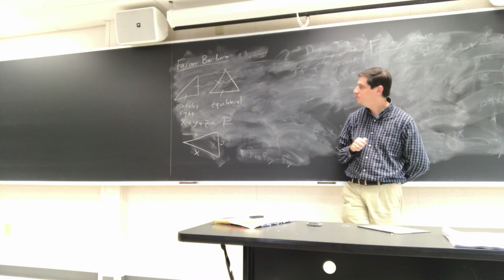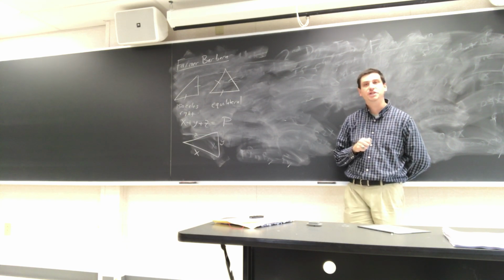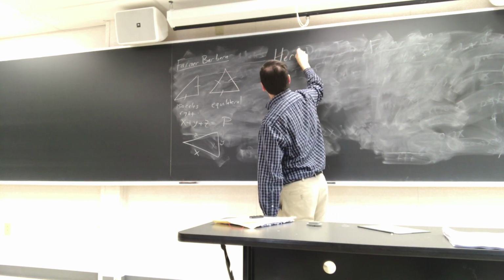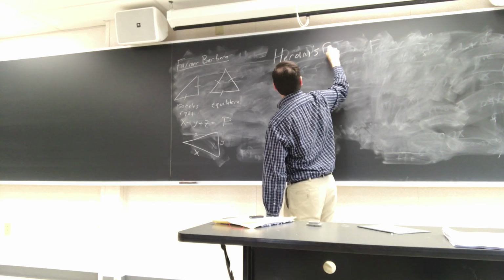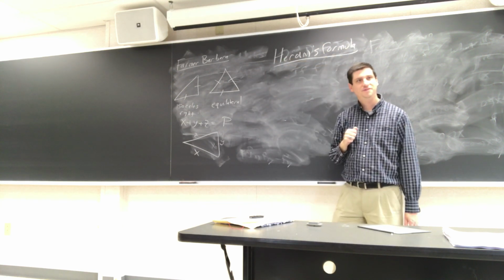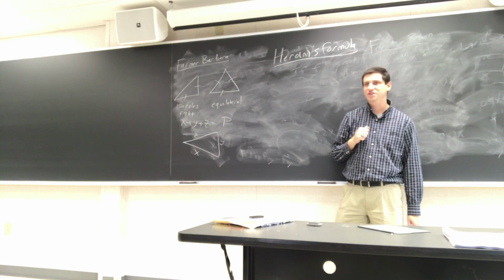Or at least if it doesn't uniquely determine the triangle, does it determine the triangle's area? So, anybody remember Heron's formula? Sometimes they put an N with the name. Does this sound familiar to anybody?